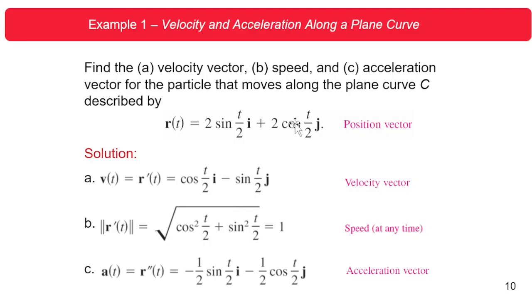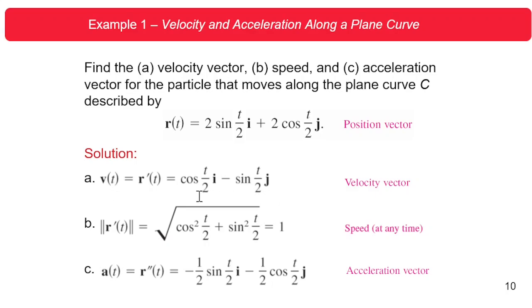Plus the derivative of the second component: factor out 2, then the derivative of cosine u is negative sine u, where u is t over 2, times the derivative of t over 2, which is 1 half. One half times 2 is 1, so we get negative sine of t over 2 times j.